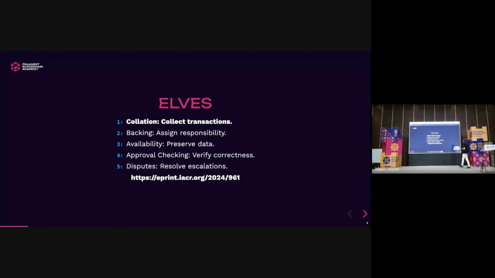And as I was mentioning, we have those like 5 main stages where we bundle up and collect transactions on specific parachains. We produce collations on the collator side. We send them for backing. We assign responsibility on the relay chain. Then we ensure that the data is available. And then approval checking and disputes is something we'll be covering later today.